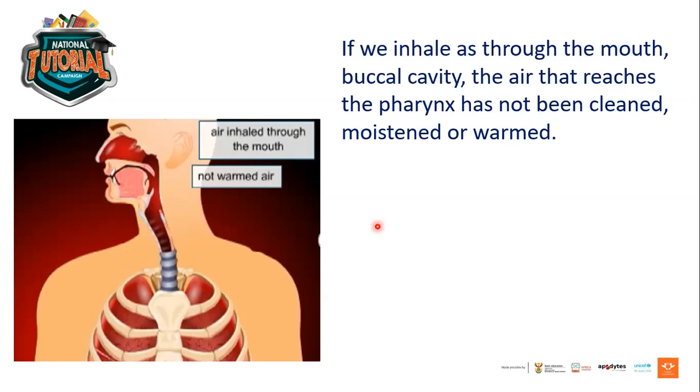You do not have the membrane that will warm up that air. Because when it enters through your mouth, it enters through the buccal cavity. And therefore, the air that will then move from your mouth to the pharynx was not cleaned at all, as opposed to the air you breathe in through your nose, that we've seen is cleaned, moistened and warmed. So those are the key differences between the two.